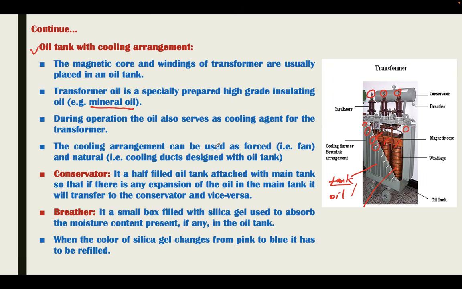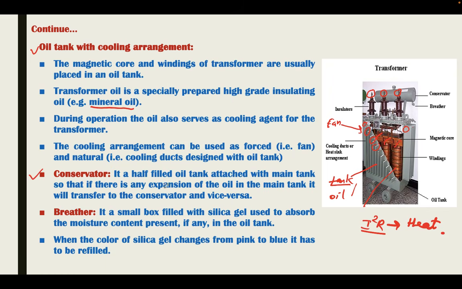The cooling arrangement can be forced, fan or natural. Natural here means the circulation of this oil, whereas we can connect an external fan for cooling of this transformer. Because when load is connected to this transformer, very high current will flow, and this high current will cause I square R loss. And this I square R loss is nothing but heat in an electrical system.